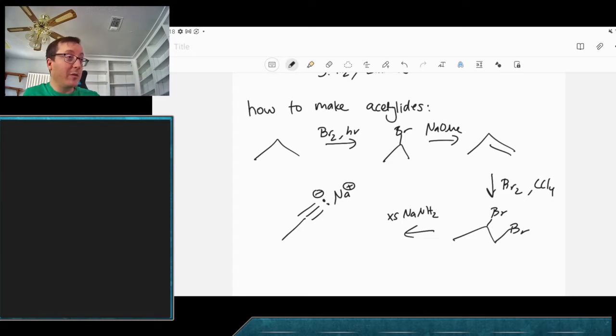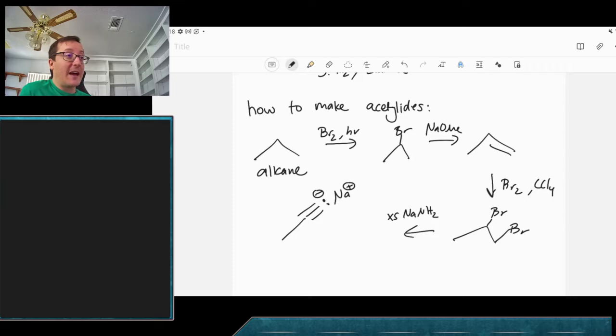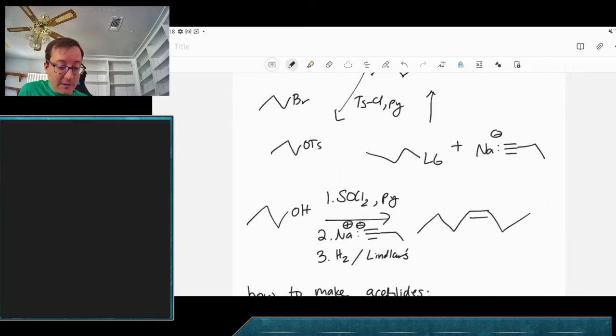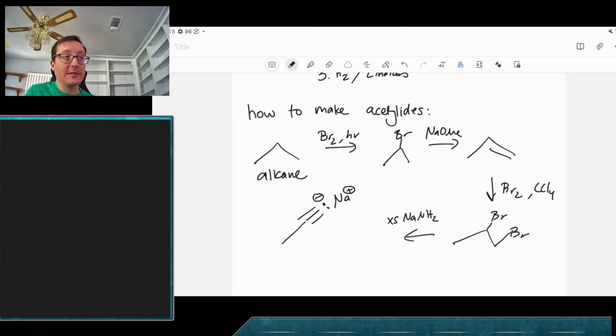So you start with your alkane, with however many carbons you're adding on. In this case, it's 3 carbons. In the last case, I had 4 carbons. So if I asked you to synthesize that acetylide, you would use butane instead and do the same set of reactions. You'd brominate, eliminate, dibrominate, and then di-eliminate.